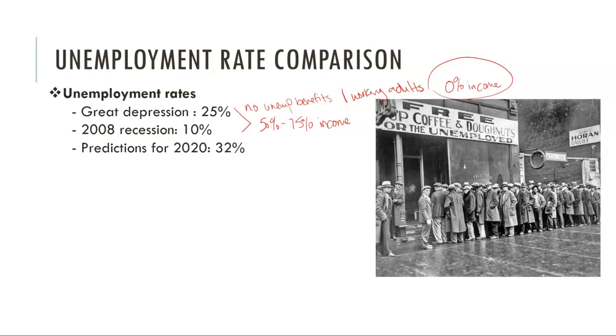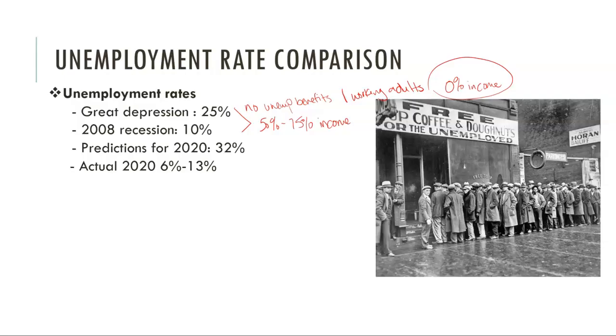The predictions for 2020 after COVID hit was that we would have unemployment rates up to 32%. We saw governments stepping into action very quickly, sending out stimulus payments and coming up with programs, increasing unemployment insurance to try to prevent the economy from going into a really bad recession.